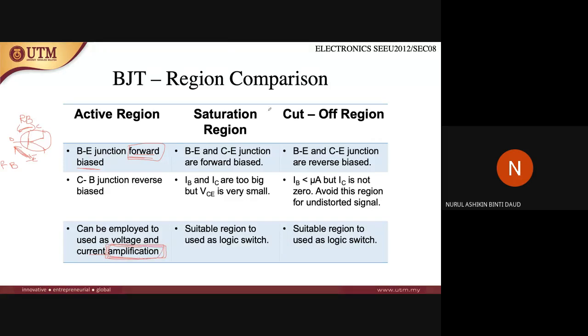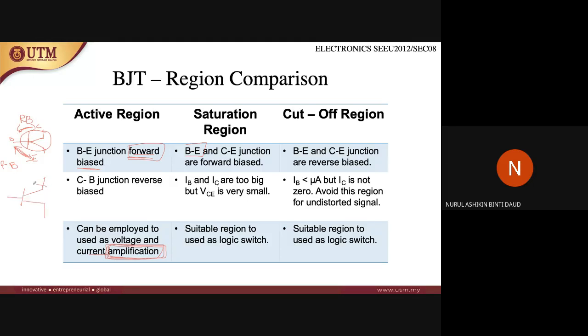All right. For saturation, both the base-emitter and also the collector-emitter, be careful, not collector-base. Let me draw here.